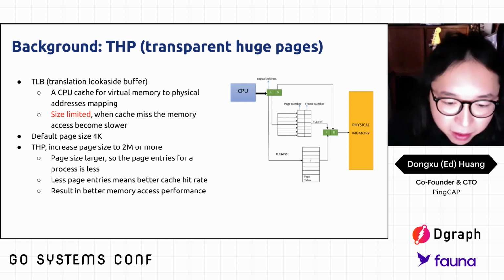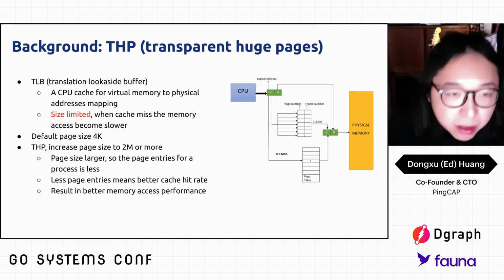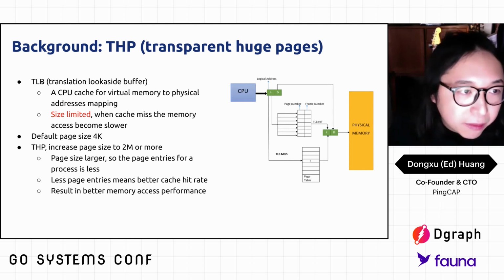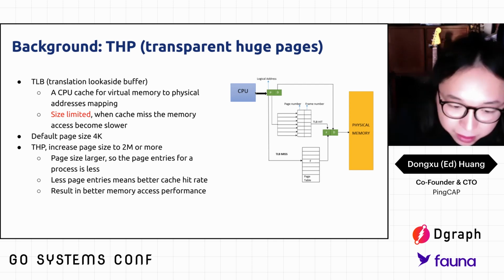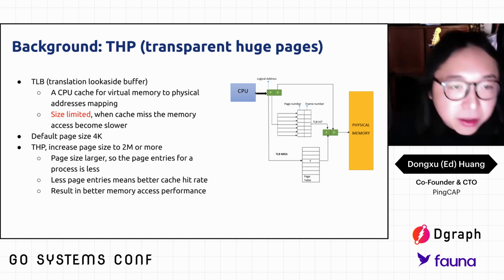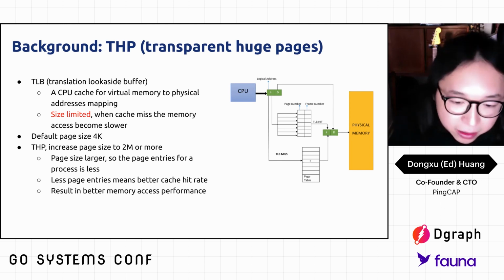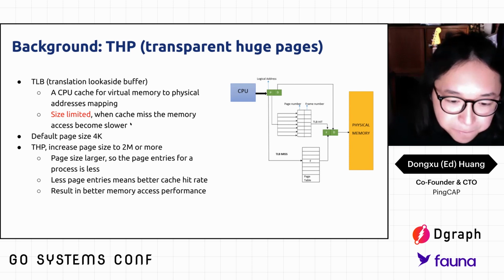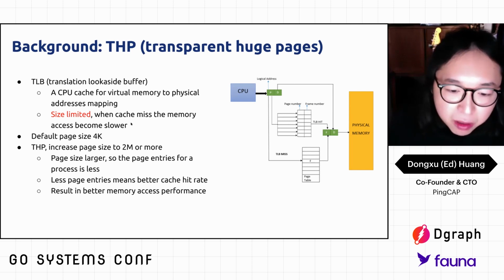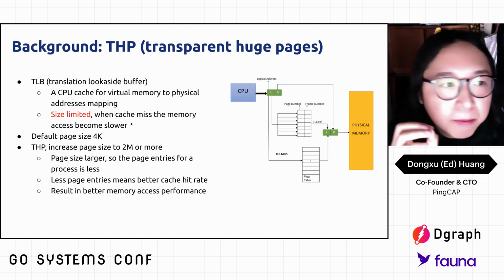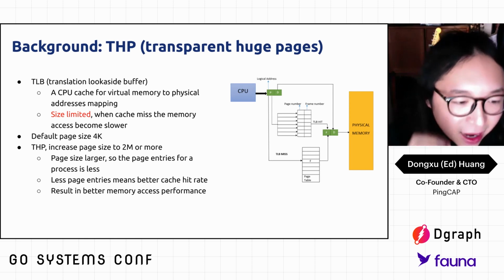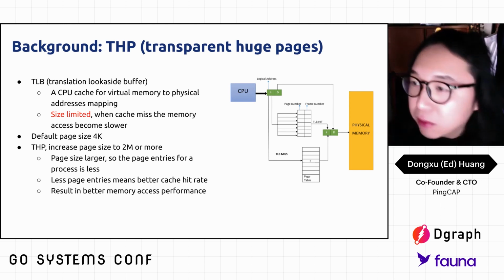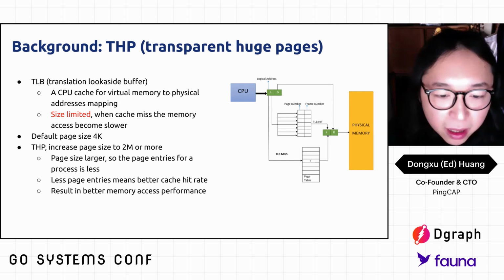When the operating system wants to map a virtual address to physical memory, it looks at the TLB in the CPU, and if the page entry cache doesn't hit, you have to go to the memory lookup, which is slower, right? The TLB is hardware, so there is a limit on how many page records it can cache.